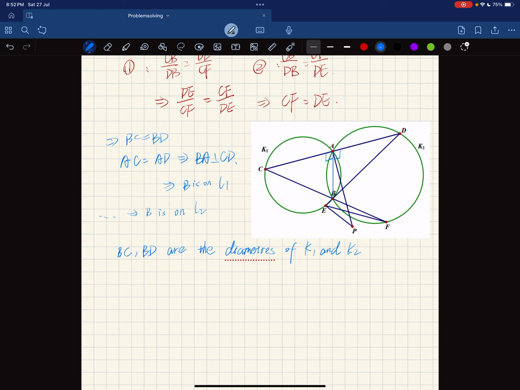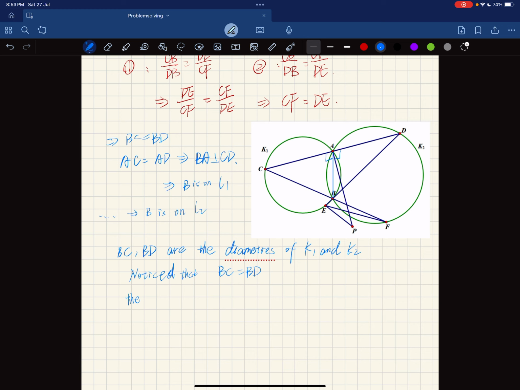Or we can say, notice that BC equals to BD.